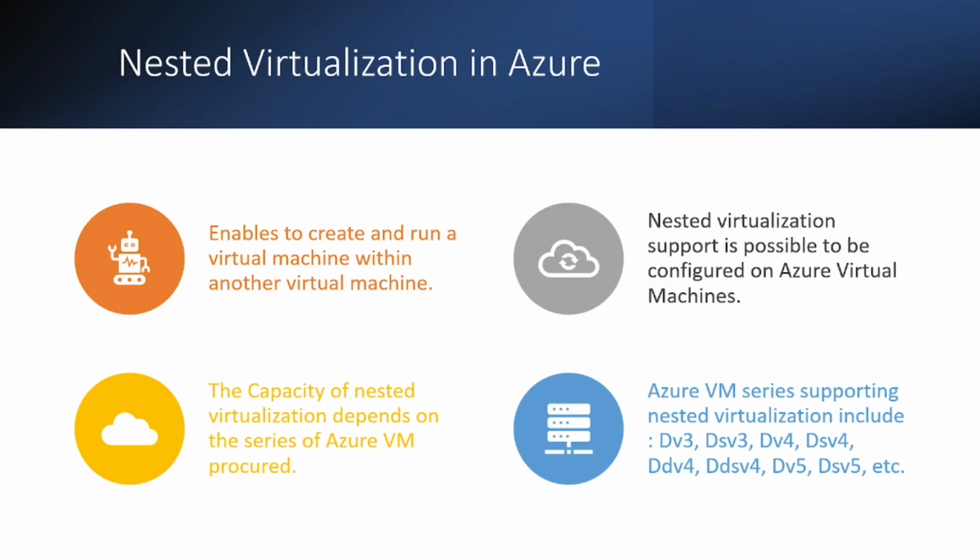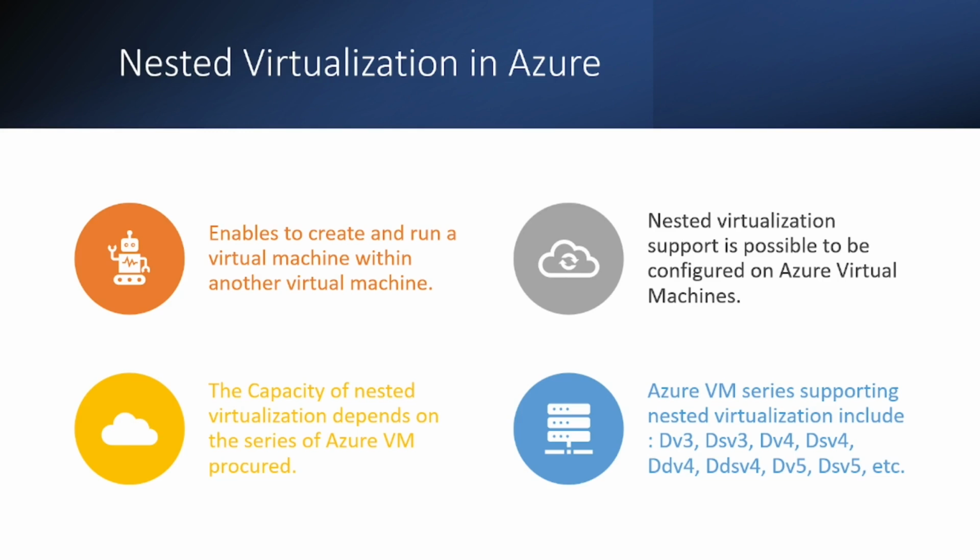And the capacity of the virtualization, like what type of virtualization it will support, depends on the series that has been opted for. Some of the series that are used for virtualization are the D series, V3, V4, V5. There is a list of capacities of the series where you can find which series supports nested virtualization and which doesn't.